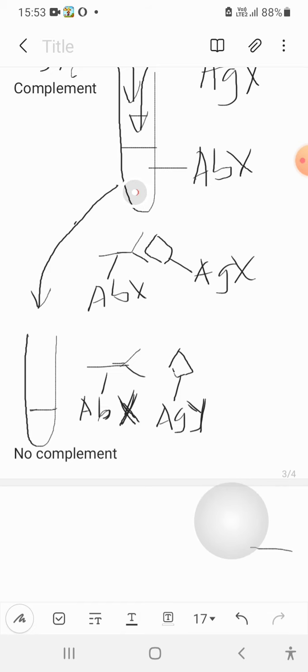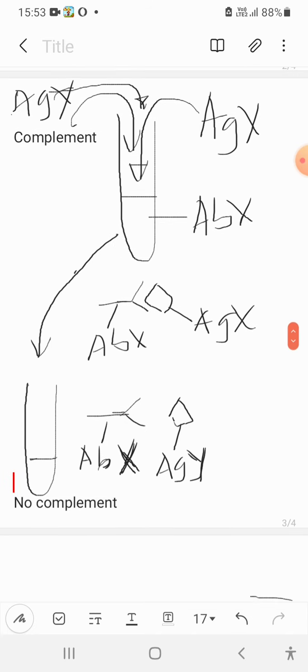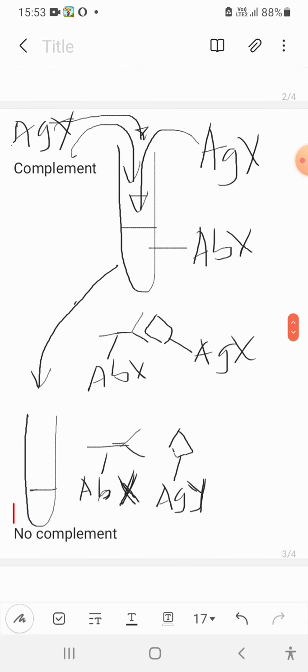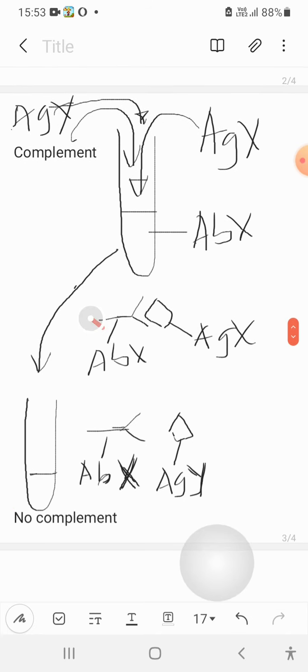So when I add the complement to that tube now, it is not consumed because the complex is not there. Instead, we have separate antibody, separate antigen. There's no complex. So there's no classical activation and the complement remains.